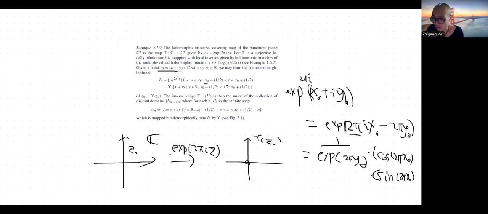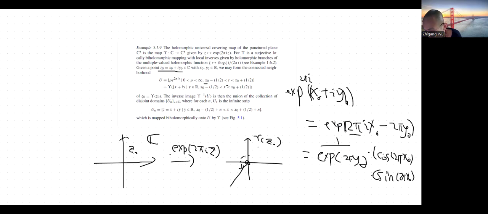When you increase the value of x by a positive one half, the angle will change by pi. It will extend all the way but doesn't hit this line.